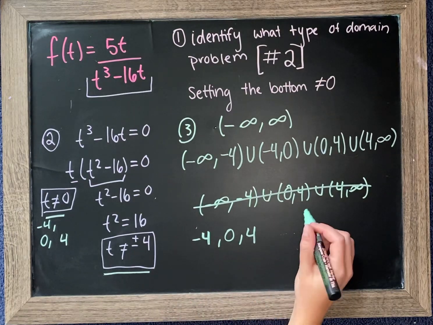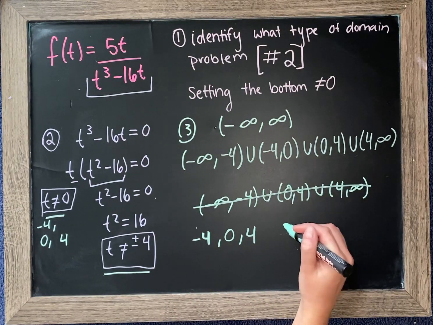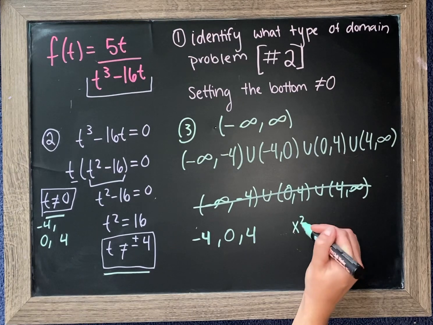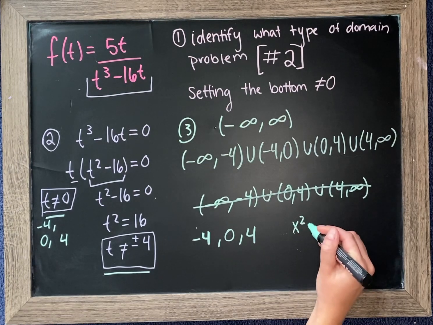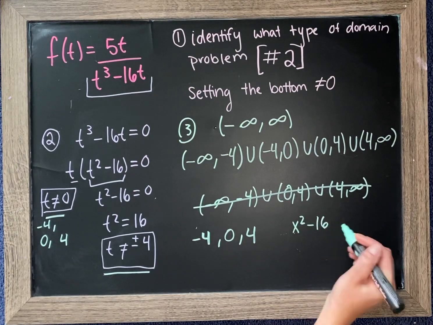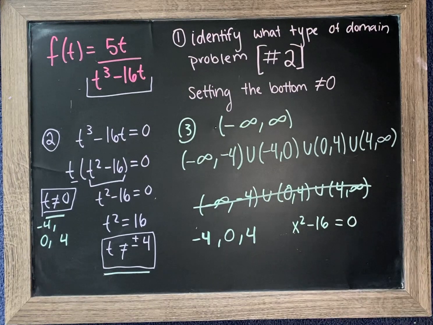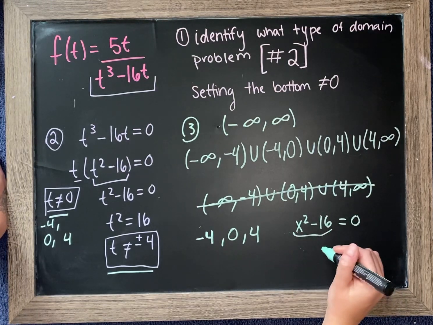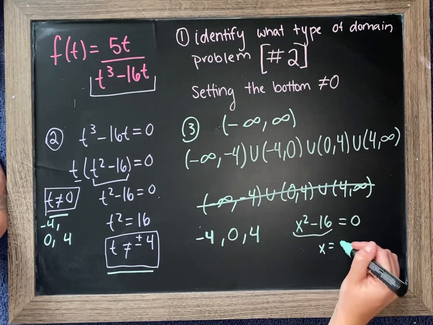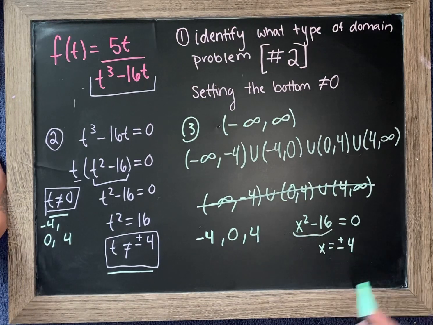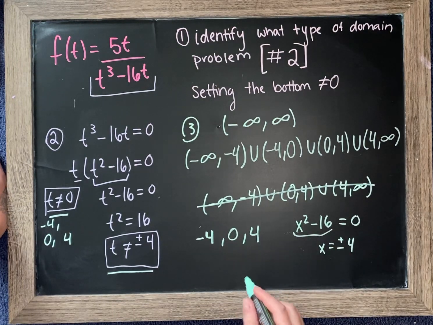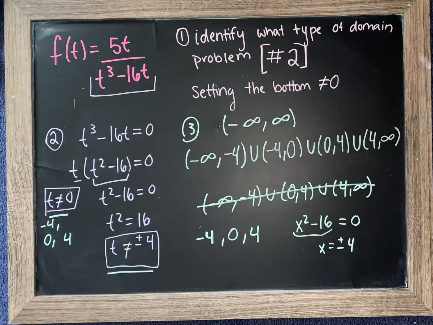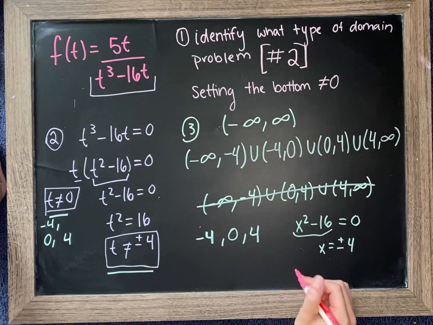So say we were just doing x squared minus 16 equals 0. Say we were just working with this value, and then what you would end up getting is x equals plus or minus 4. So how this would look with interval notation, I'm going to change the color just to show that we're working on an outside part of this.